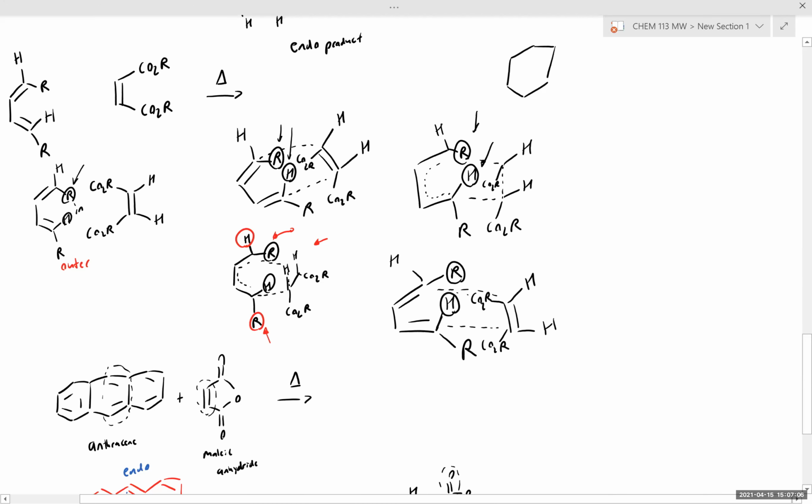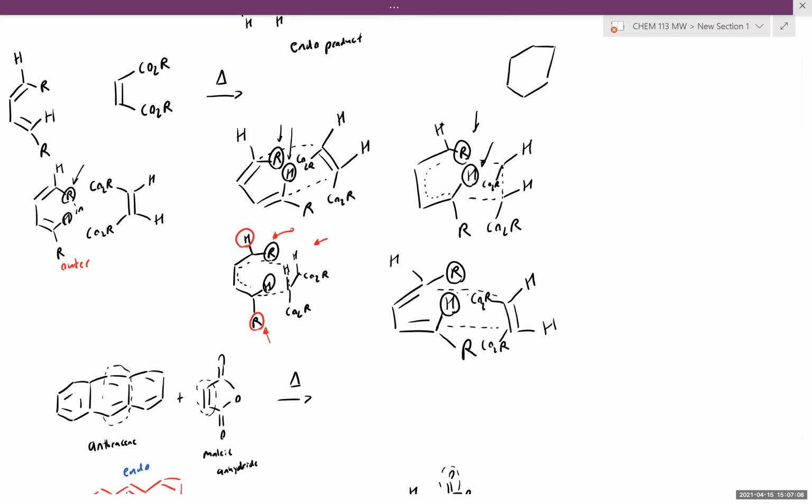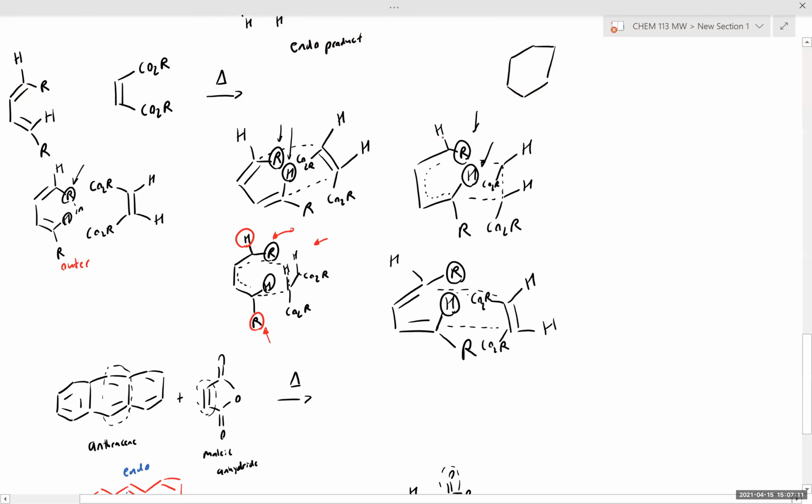The outer hydrogen and R group end up pointing equatorial down as a result during this approach.